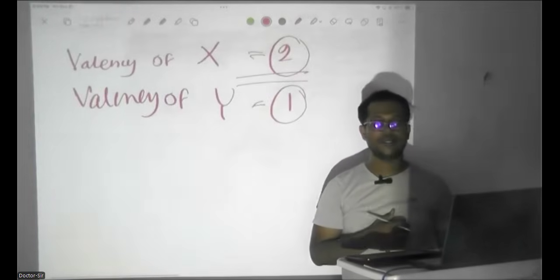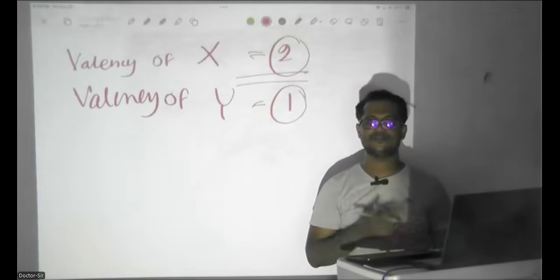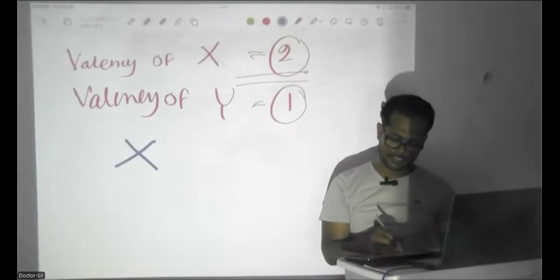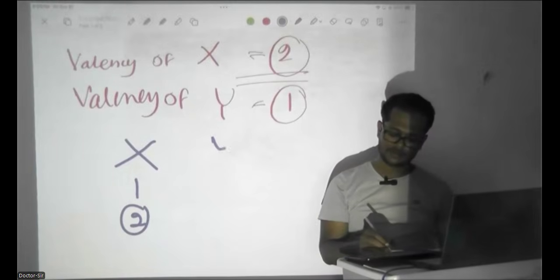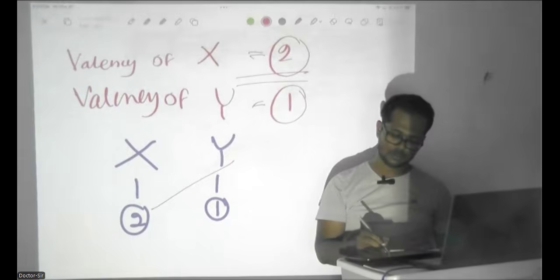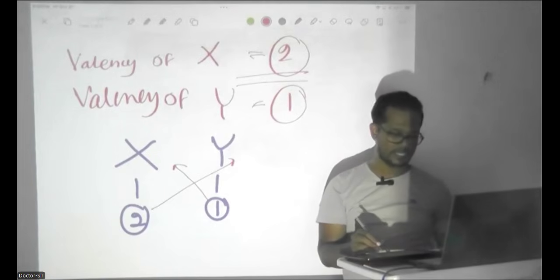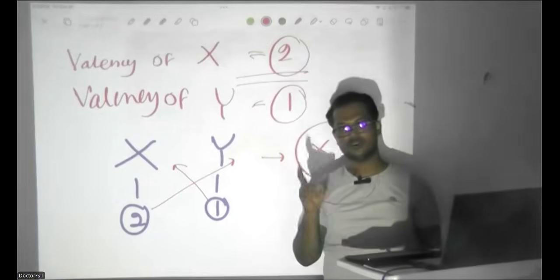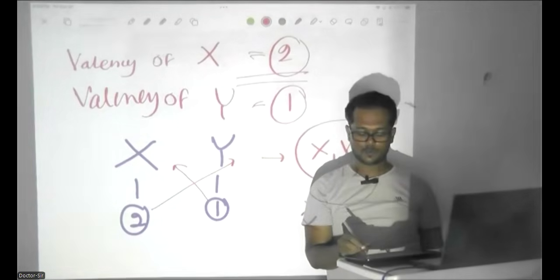Now what is the formula formed by X and Y? Very simple. The valency of X is 2, the valency of Y is 1. So now we can pair these: 2 goes here, 1 comes here. So it will be formed as X1 Y2. Usually we don't put the 1, so it is XY2.